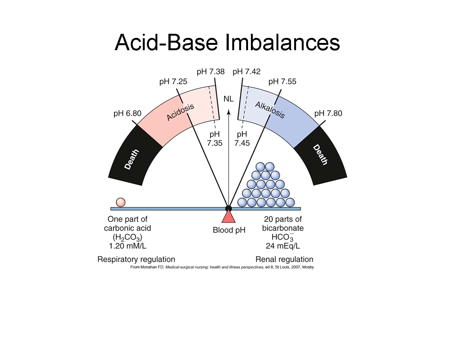On the other side, a pH above 7.45 signifies alkalosis, and values approaching 7.8 can also be fatal. Maintaining the correct ratio between carbonic acid and bicarbonate through respiratory and renal regulation is critical for keeping the blood pH within this narrow and essential range.